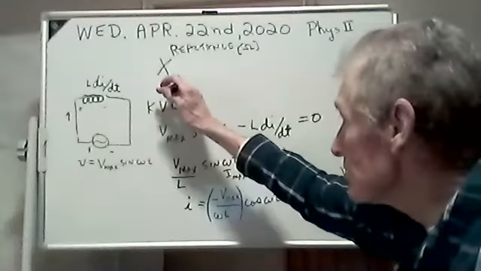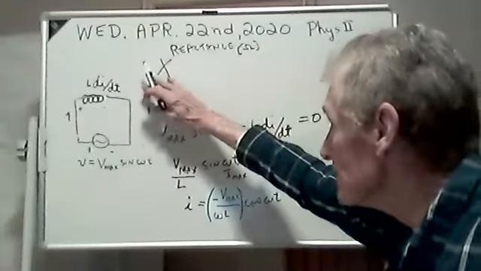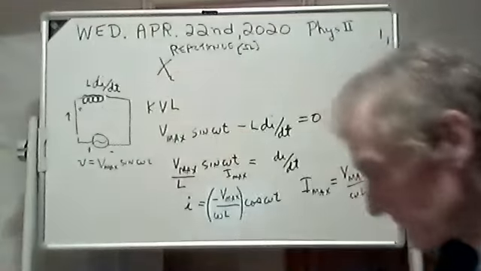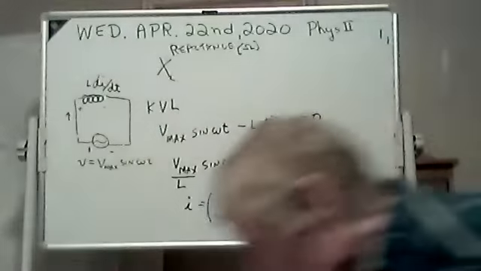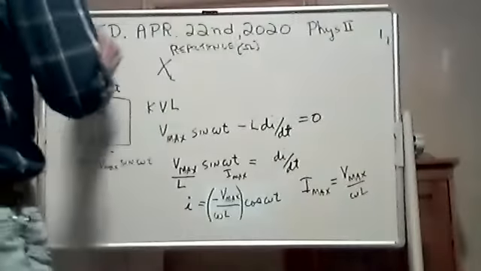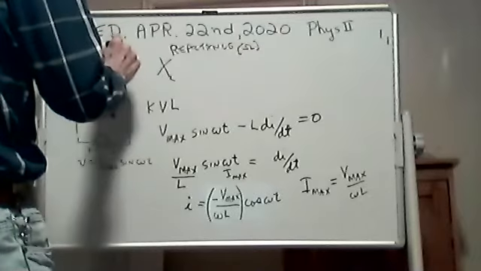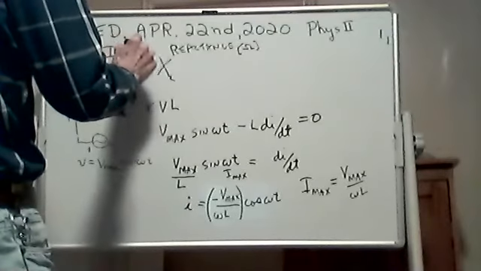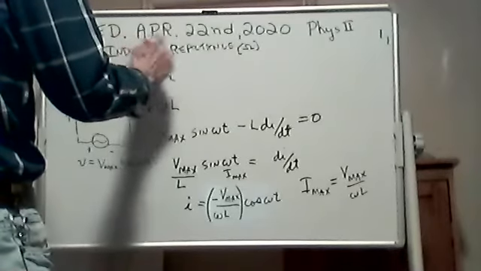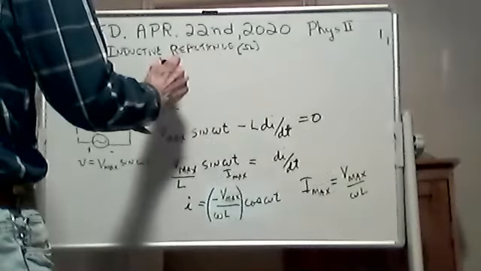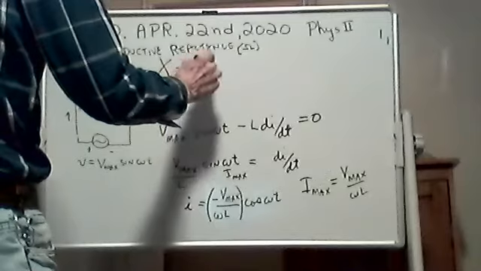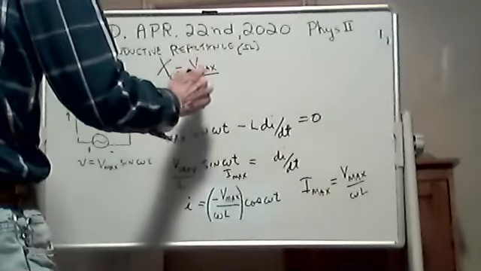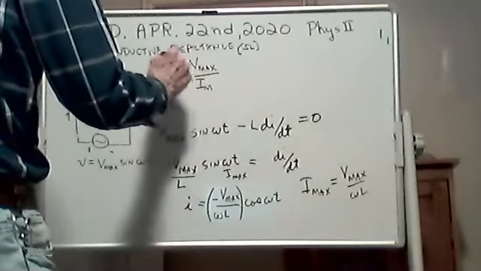And this right here is called inductive reactance. I can't reach that far. Let me write it up here. We're doing inductive reactance. That's the name of it. Inductive reactance, and it's equal to Vmax divided by Imax. That's the definition. Put three lines there. There you go.